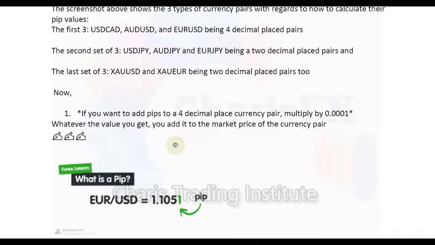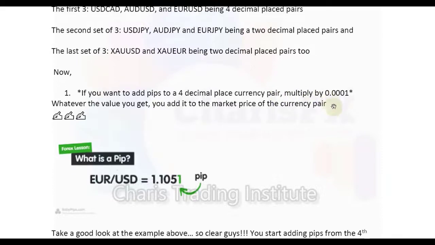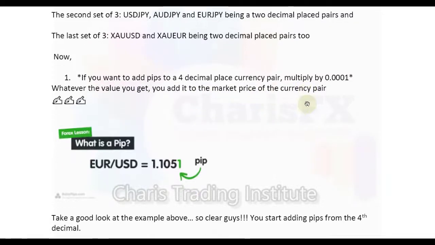So the first is, if you want to add pips to a 4 decimal place currency, multiply it by 0.0001. This is the first principle. If you want to add pips to a 4 decimal place currency pair, simply multiply the amount of pips you wish to add by 0.0001. Whatever value you get, you directly add it to the market price of that currency pair.